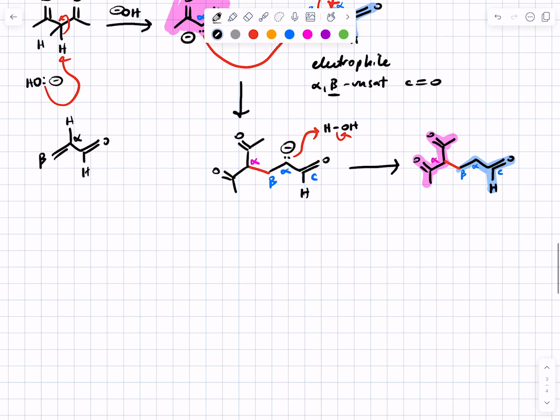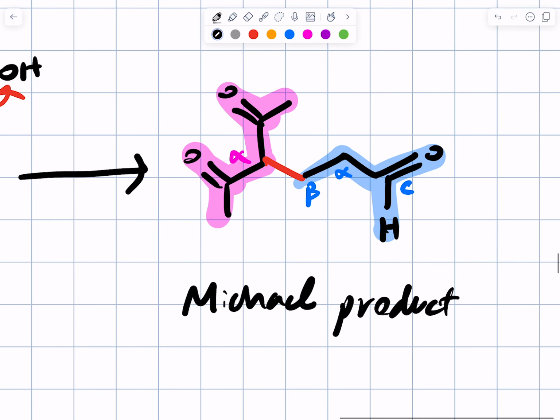Let's talk about the structural pattern for a Michael product. And here, you want to look for a distance between the carbonyls in the Michael product, because Michael products are going to be what I will call dicarbonyl compounds.